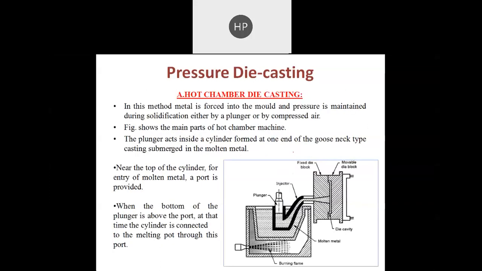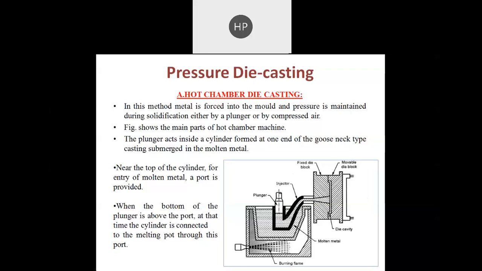In hot chamber die casting, as we have talked earlier, it has a chamber in which we have a furnace. That furnace is used to heat the molten metal, as well as we have this cylinder through which the metal will flow by the pressure of this plunger.